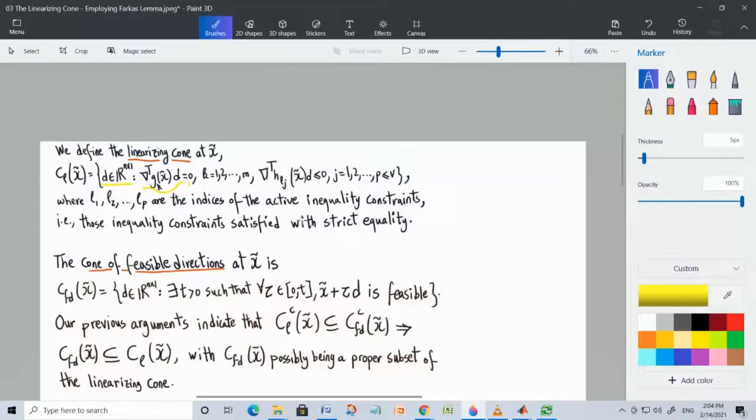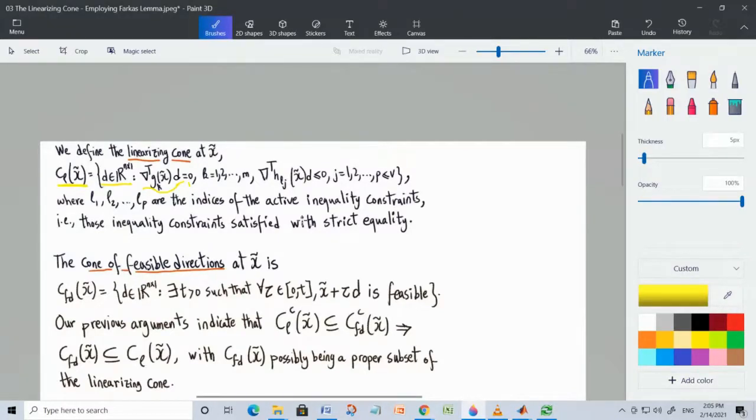And the inner product of d, if it's in the linearizing cone, with the gradient of any function involved in an inequality constraint must be less than or equal to 0.